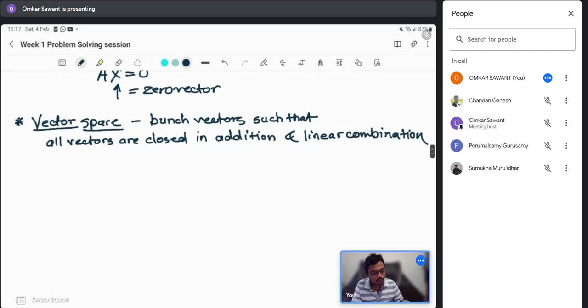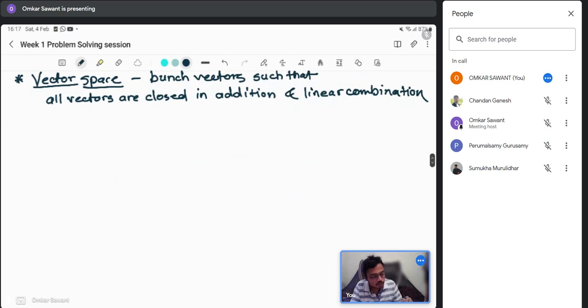For example, say we have a vector space consisting of vectors v1, v2, v3, up to vn.